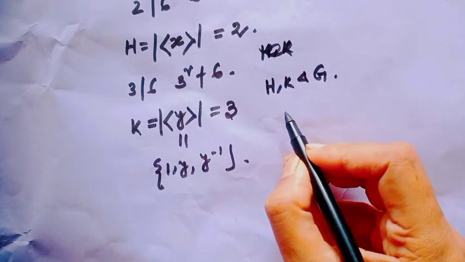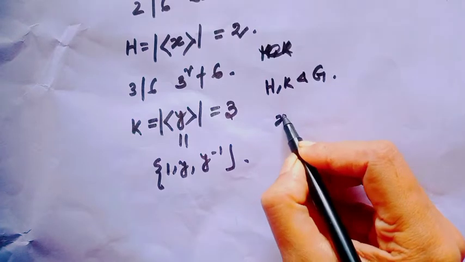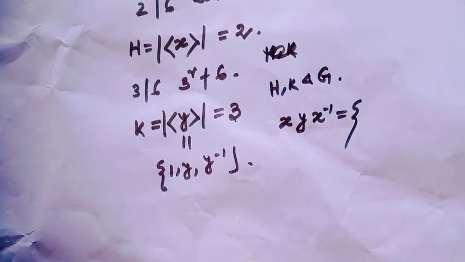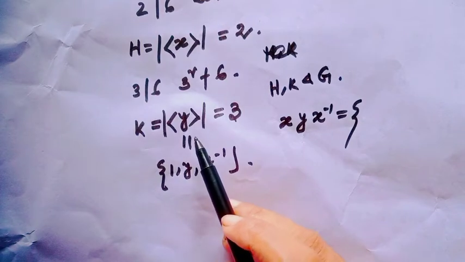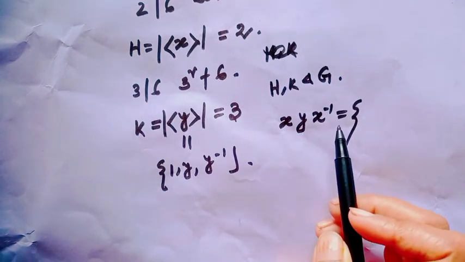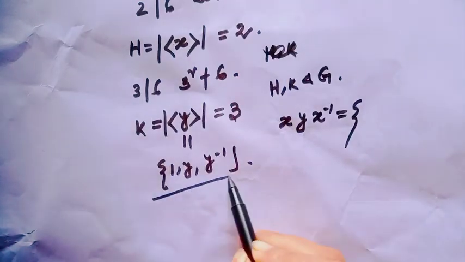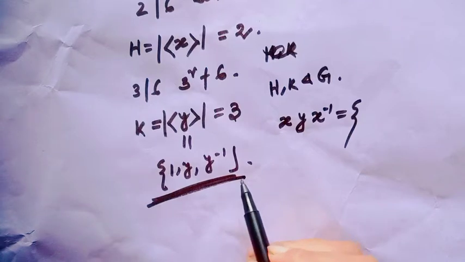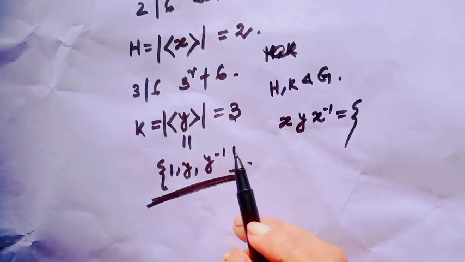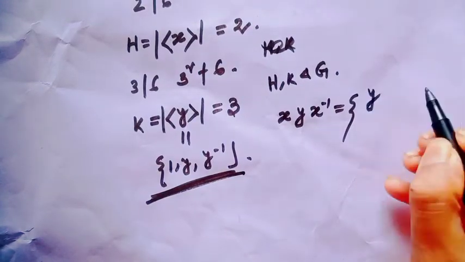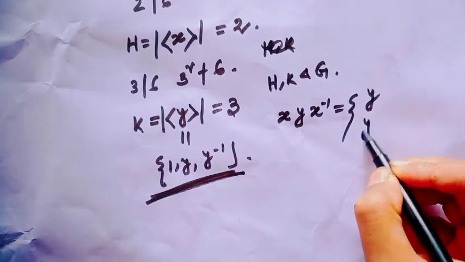If we consider the relation x y x inverse, since K is normal, this element x y x inverse must belong to K. One is not possible, so there exist only two possibilities, either y or y inverse.